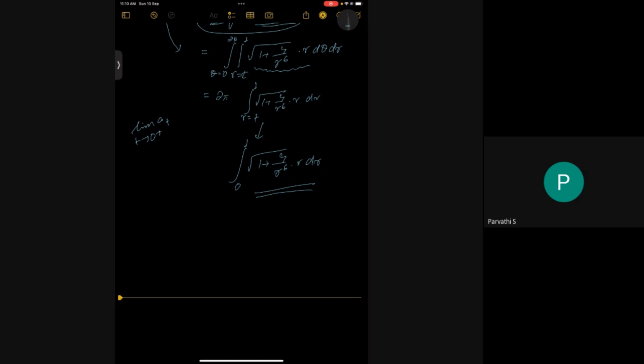So the problem now is to check whether this improper integral converges or not. That is our problem, and those kinds of things we usually study in analysis.